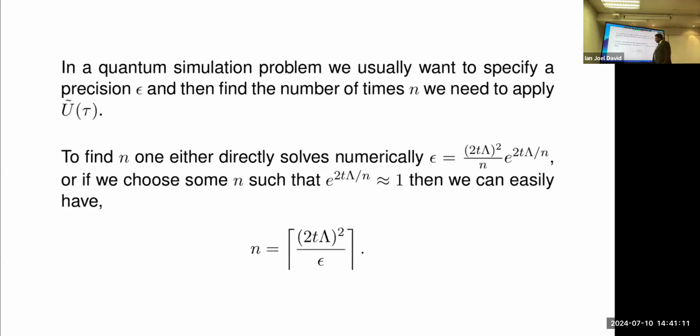If we choose an n equal to that, then this exponential is effectively governed by something like e to the power epsilon, which is your precision, and if epsilon is small enough, then that's approximately 1. So this is usually how we'll find n. In most quantum simulation algorithms, you specify the precision epsilon, you compute this quantity lambda, you specify a time t, and you use it to calculate the number of times n you repeat your approximation. Okay?